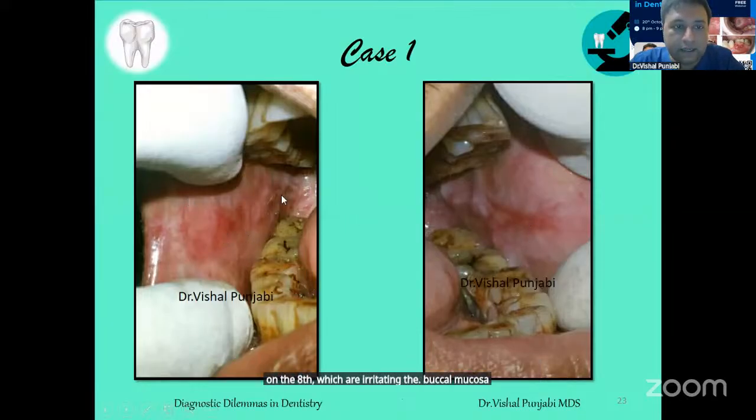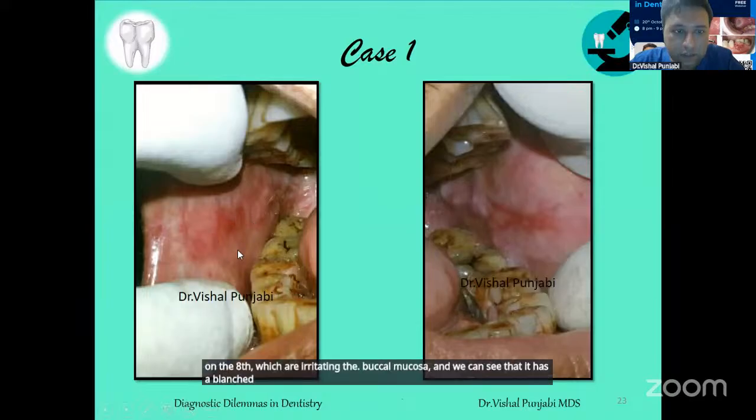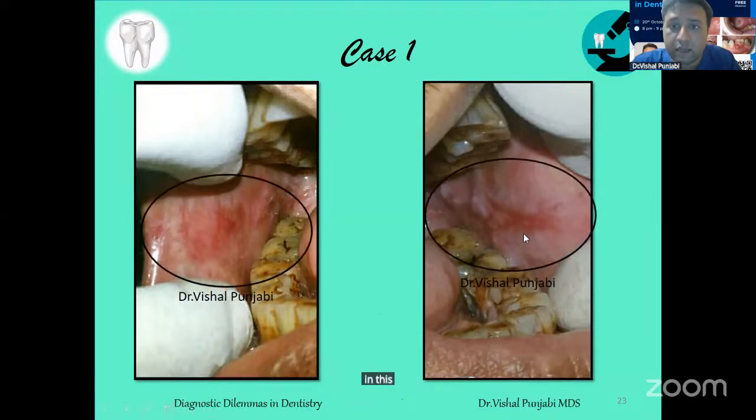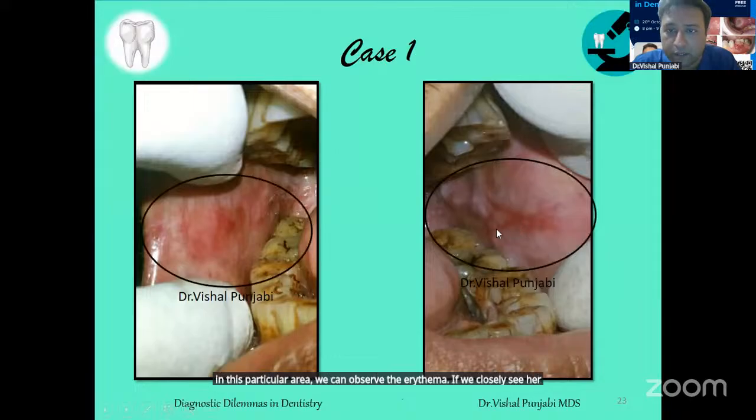We can see a blanched appearance with a certain amount of erythema here. When we palpated these areas, they also showed fibrous bands. In this particular area, we can observe the erythema. If we look closely, as the pointer is showing, there is a slight amount of ulceration as well.